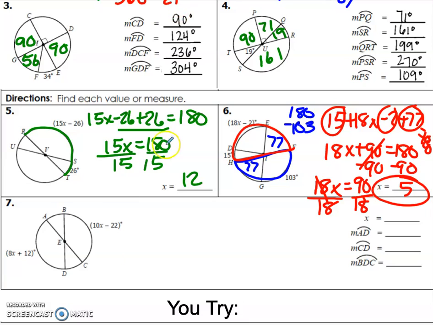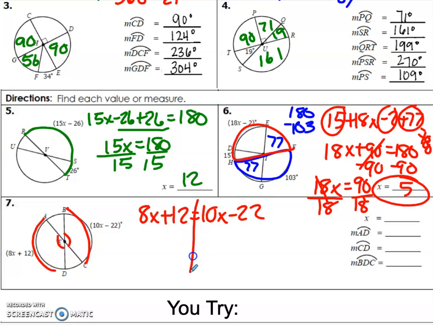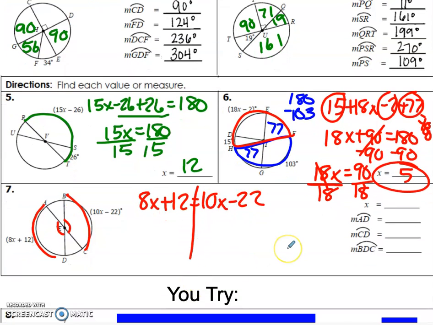All right. One last problem. I've got vertical angles here, so I know that this arc is going to be congruent to that arc. So I'm going to set them equal. And solve variables on both sides. So let's see, let me subtract 8x, move it over here. 12 equals 2x plus 22.